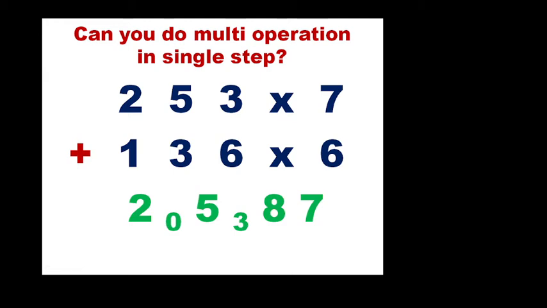So write 5 big, 30 carry over. Here 3 7s are 21, 6 6s are 36. By adding 21 and 36, 57, and 30 is carry over, 87. So is it possible to do the sum of products in a single step?